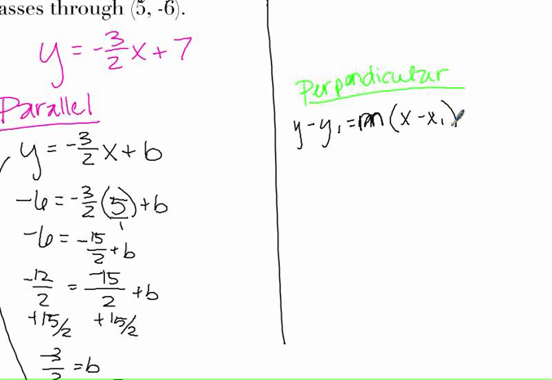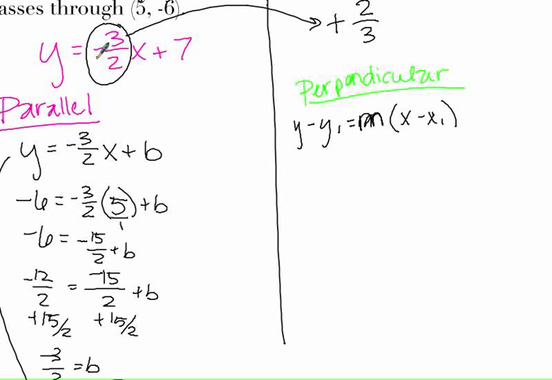For a perpendicular line, we know that the slope should be the opposite reciprocal of whatever is given to us. Opposite meaning that I'm changing the sign, so instead of negative, it's going to be positive. Reciprocal is when we flip the numerator and the denominator. So over here, it's going to be a positive 2/3 rather than a -3/2.